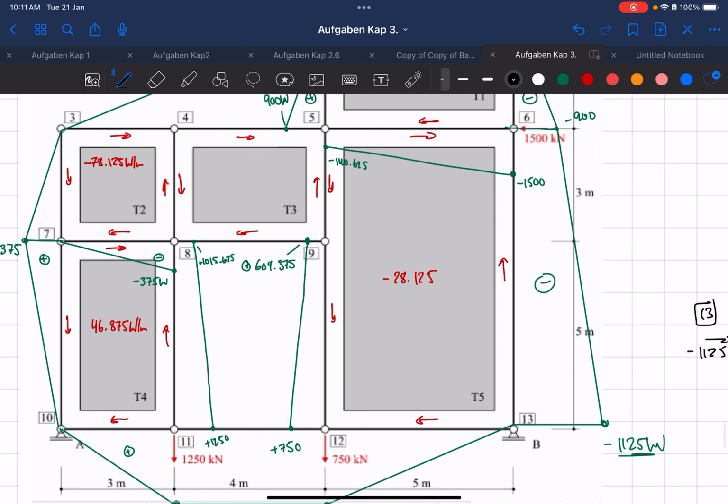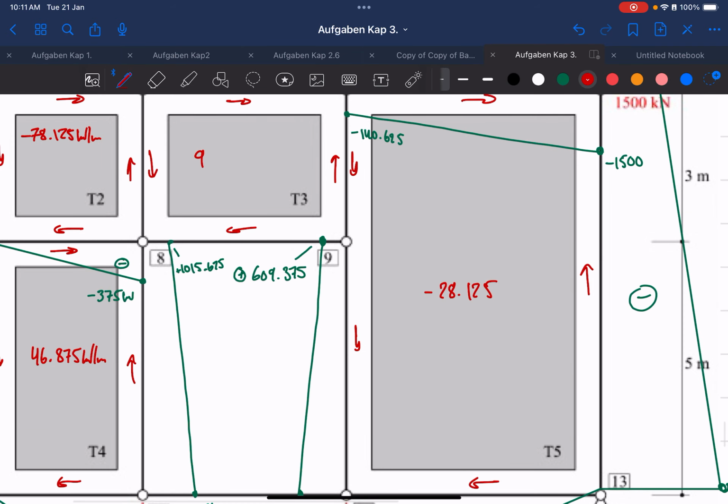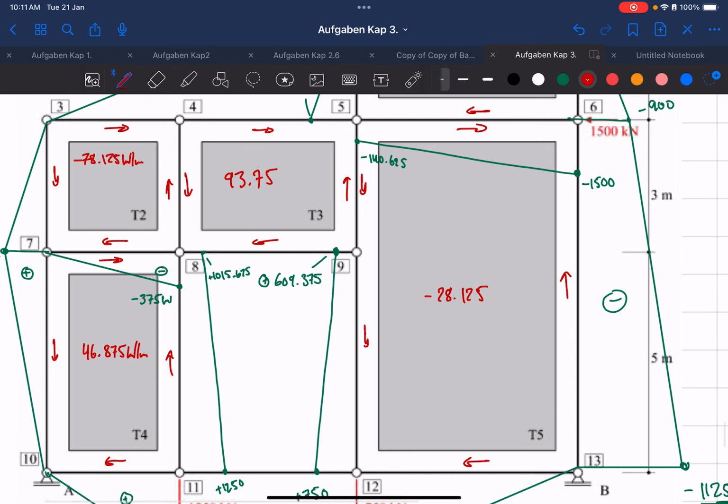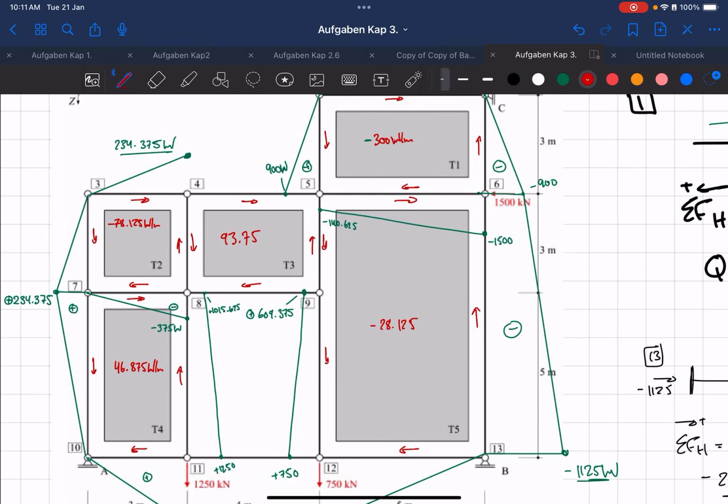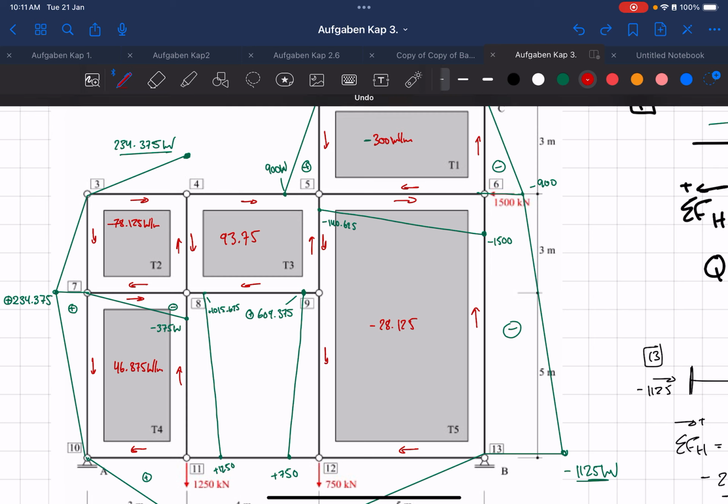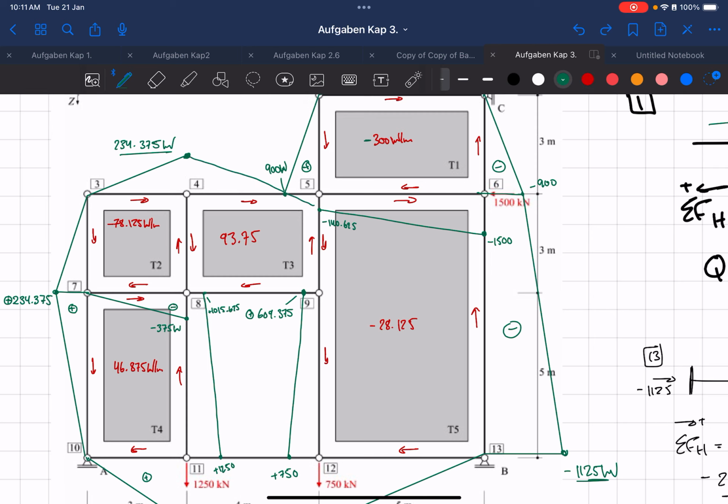So just have to double check if it's correct. So I would have 234.375 minus 93.75 times 4. Okay, it connects perfectly. So this is plus, and then here's either minus.